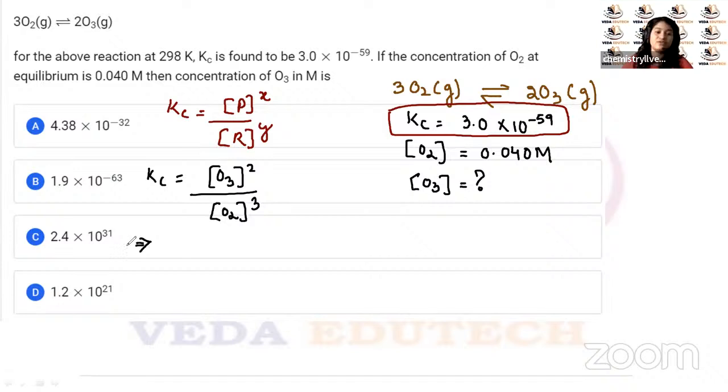Now we'll substitute the values that are given to us. Kc is given as 3.0 into 10 to the power minus 59. The value of O3 is not known to us, so we'll take it as O3 square. O2 is given as 0.040, or I'll take it as 0.04 cube, right?